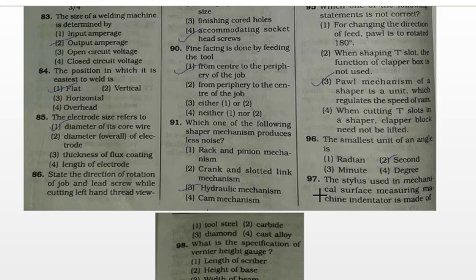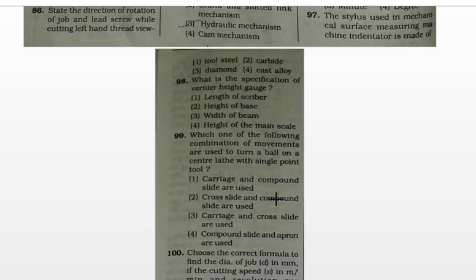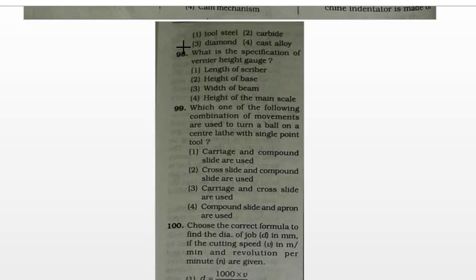The stylus used in mechanical surface measuring machine indicator inductor is made of diamond. What is the specialization of vernier height gauges? Height of the main scale.